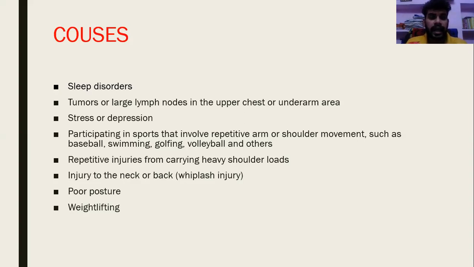Injury to the neck or back pain, whiplash injury in the neck or back due to exhaustion of or stress on the shoulder, poor posture, or weightlifting. In weightlifting cases, TOS is generally considered due to repetitive motion of the arm.